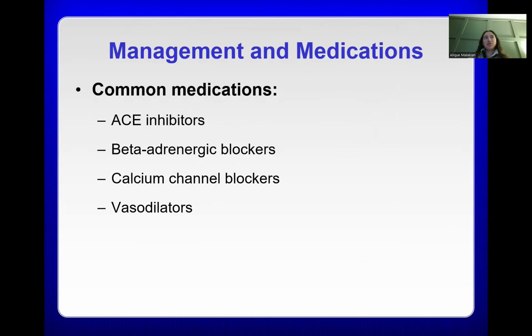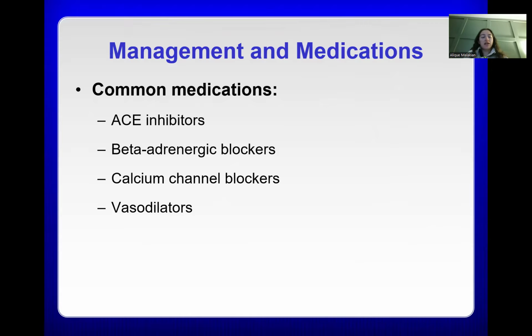Obviously, this population doesn't take medication specifically for a pacemaker. A lot of it is determined by the comorbidities or physical conditions that they have underlying the heart condition that led them to get a pacemaker, right? So a lot of the common medications that they'll be taking are things that we've seen before. Things for high blood pressure or for chronic heart disease or chronic heart failure or hypertension, whatever it may be.